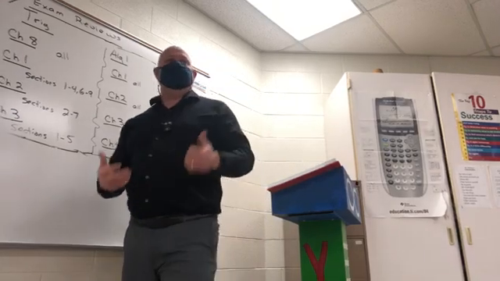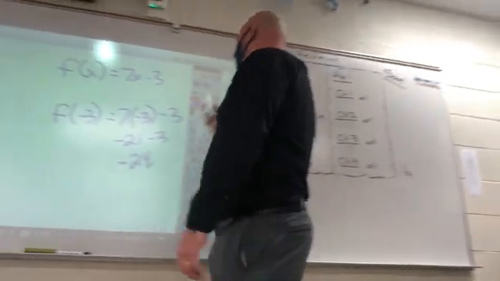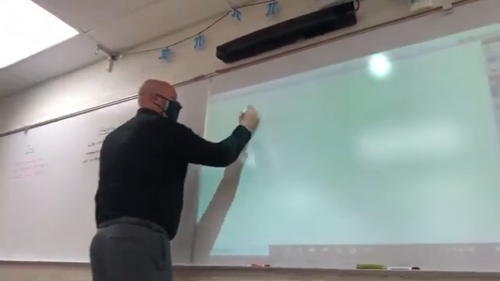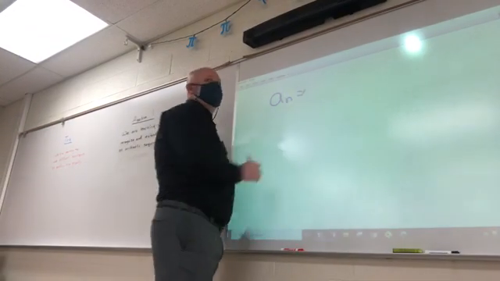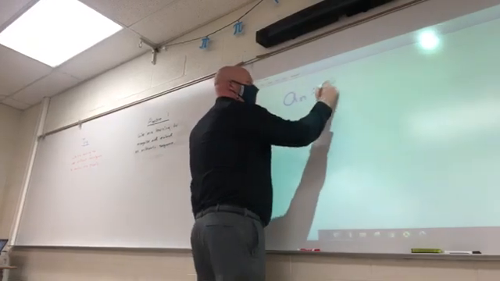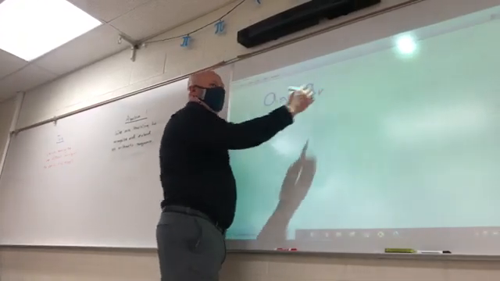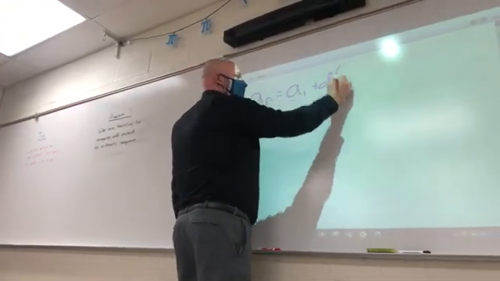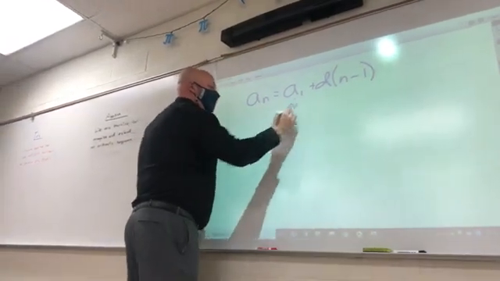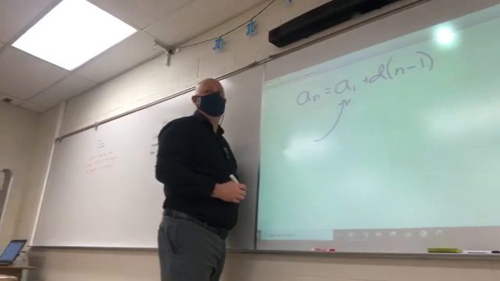And then the last ones are the sequences. What's the arithmetic sequence equation? A sub n equals a sub 1 plus d times n minus 1. What does the a sub 1 stand for?